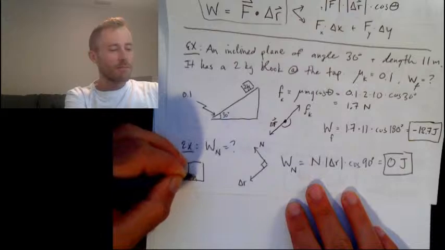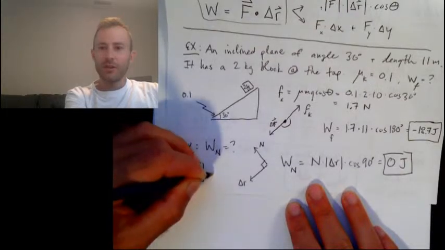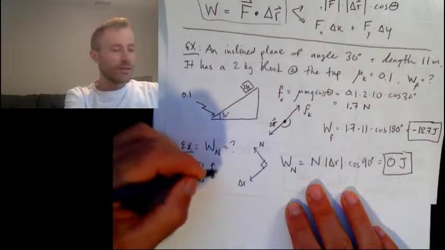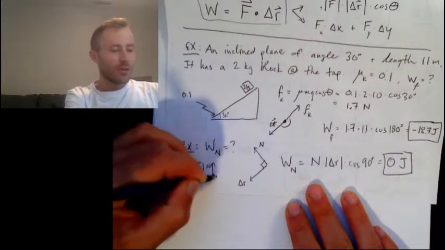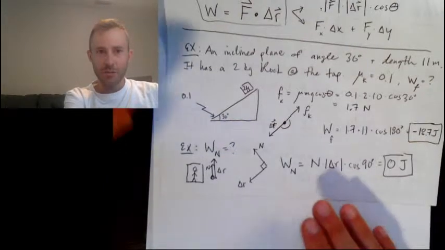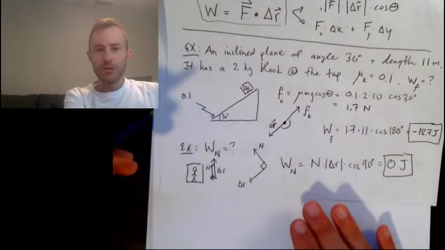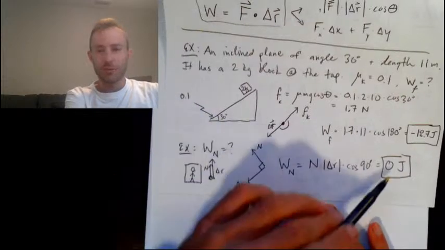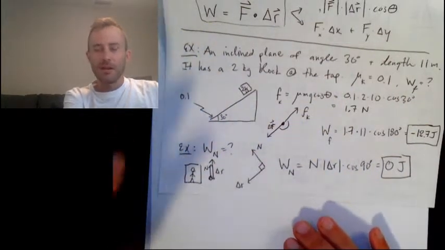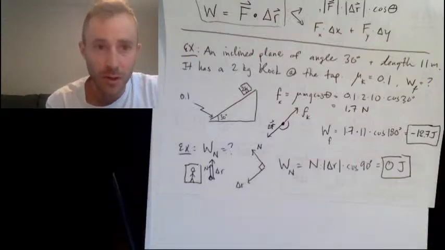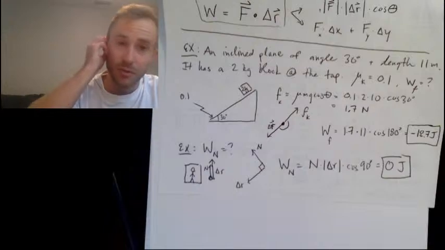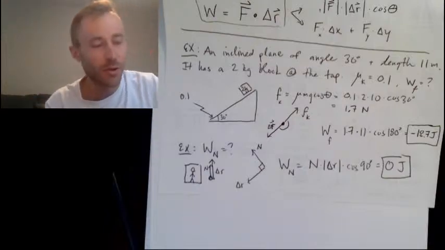The normal force points upward, and the displacement, because the elevator is lifting you up, is also upward. So they're actually parallel in that case. Situations where the normal force does work are situations where the floor itself is moving. If the floor isn't moving, then the normal force isn't going to do any work.